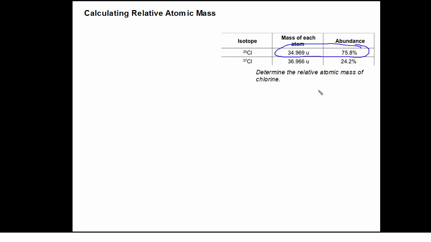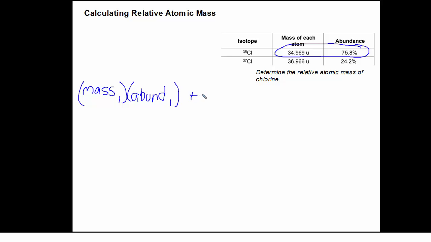Okay, how do we find the mass that is displayed on the periodic table? I actually have to average them. So what I'm going to do is take the mass of isotope 1 and multiply it by the abundance of isotope 1.